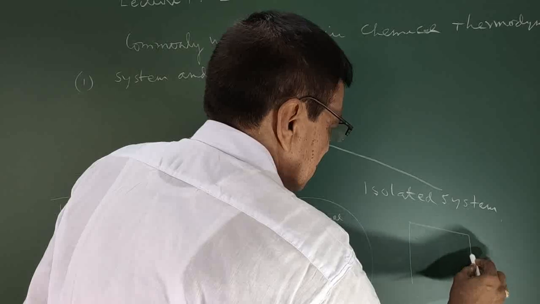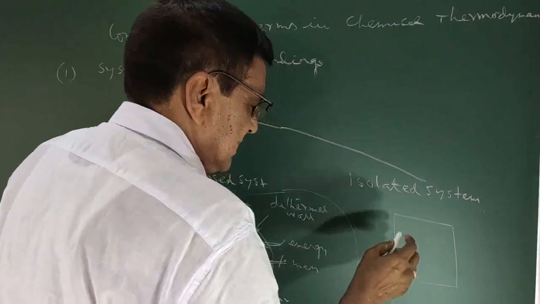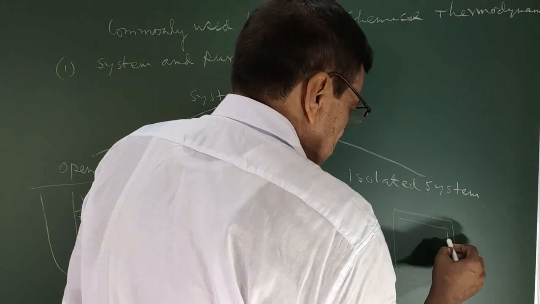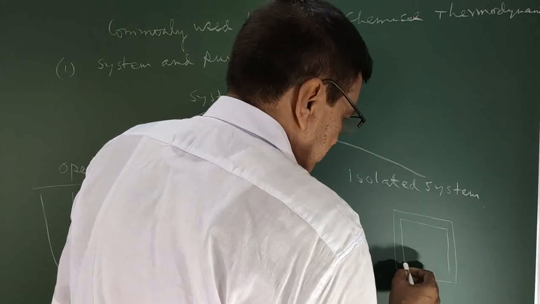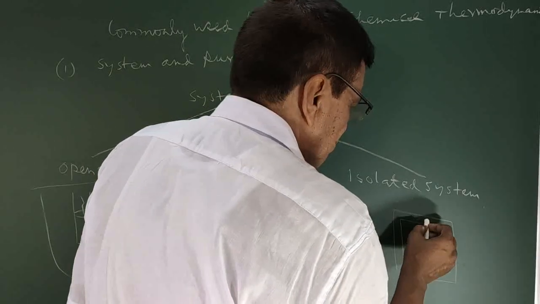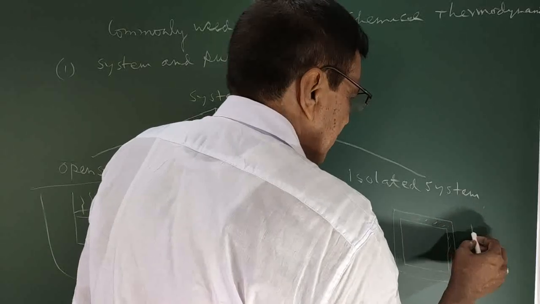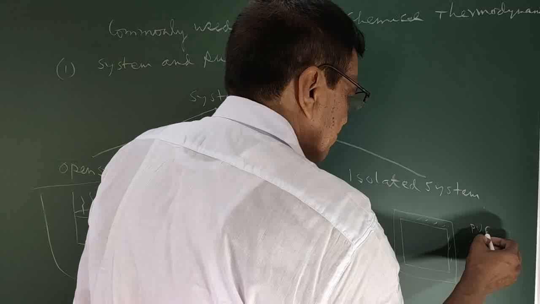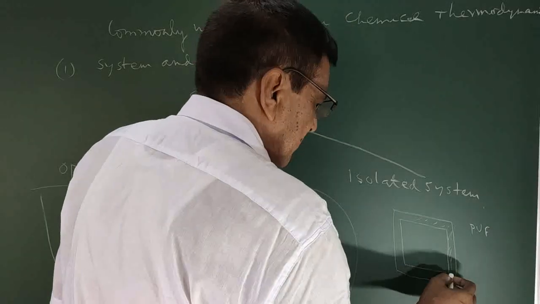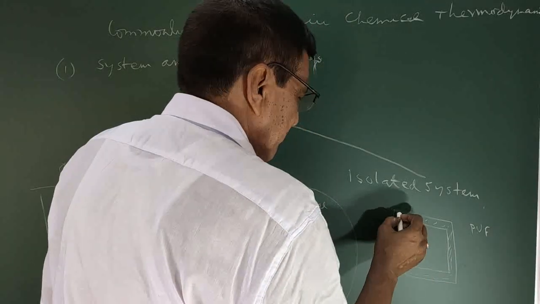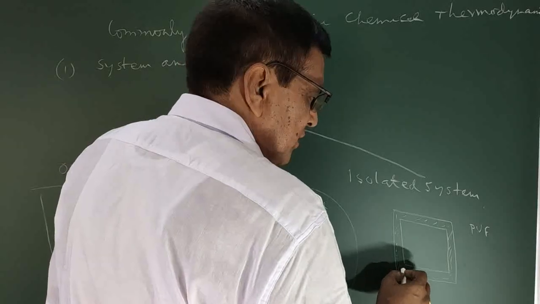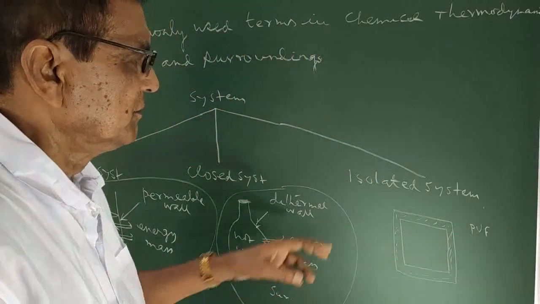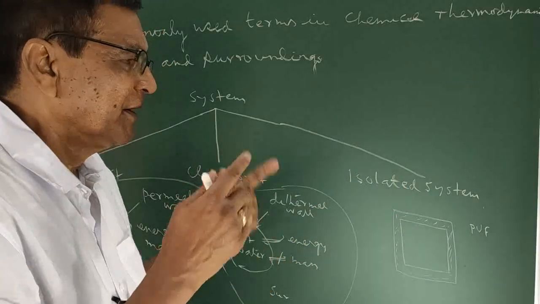Isolated system means this is the closed system, and it is insulated. It is wrapped by a proper insulator, like polyurethane foam. Better the quality of the insulator, better the properties of this isolated system are revealed.